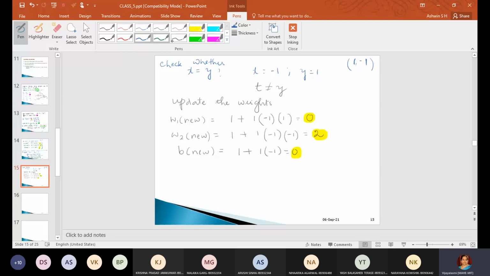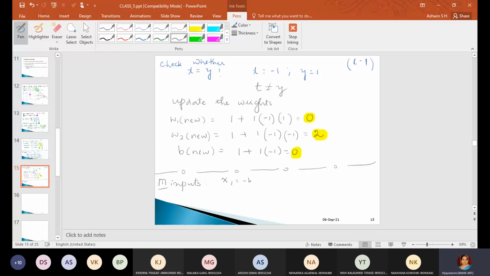Now what you have to do is go for the third inputs. So this is second inputs over. Now give third inputs. So what are the third inputs? x1 is minus 1, x2 is 1.